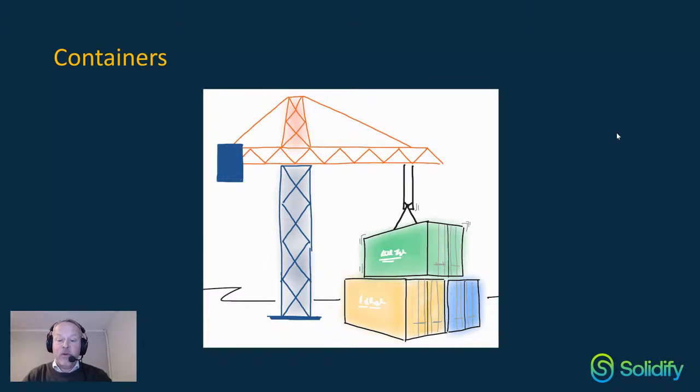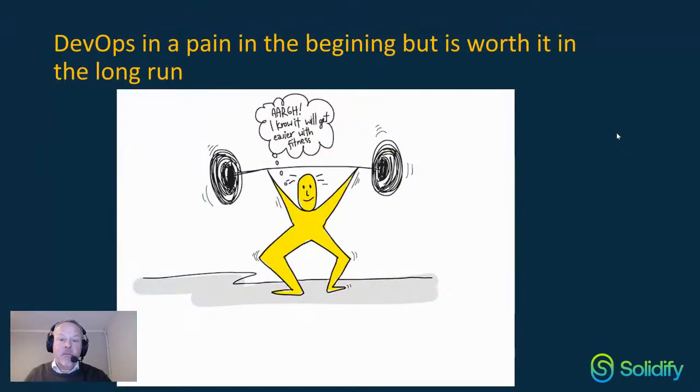So it's also a good way of working with DevOps, to think containers. So DevOps may be a pain in the beginning, but it's worth it in the long run. There are lots of good best practices there that you should take into use. But start easy. Don't do everything at the same time.